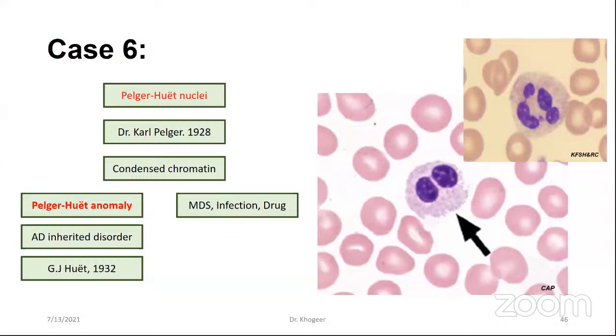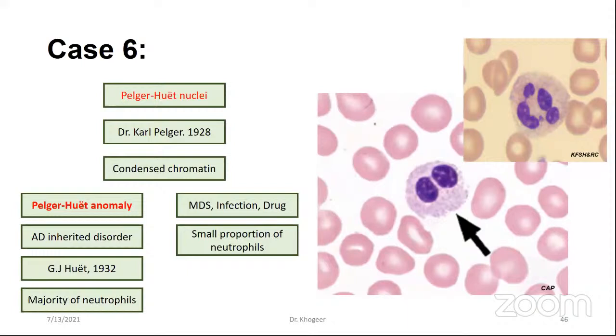The proportion of affected cells in these situations is variable, but typically only a small subset is affected, which is a clue, since individuals with true Pelger-Huet anomaly usually demonstrate these abnormalities in the majority of neutrophils.